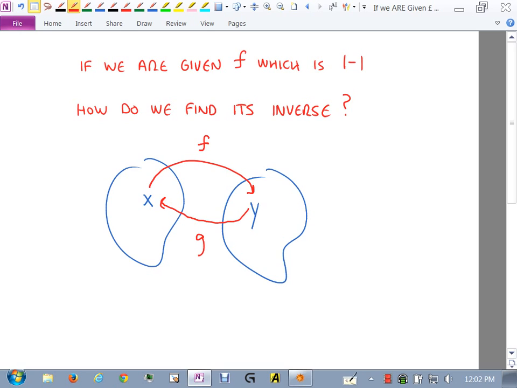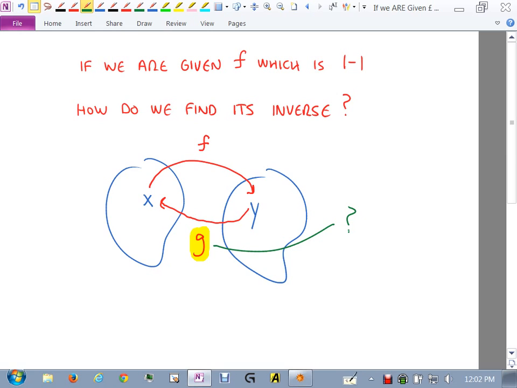The function that I'm looking for, g, the one that we're trying to find, has the characteristic that it's going to take y and send it back to x. Y is going to become x. Just keep that in mind.